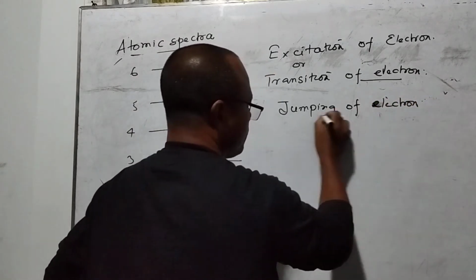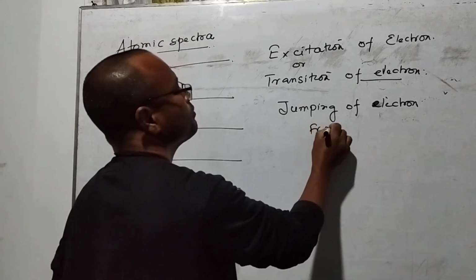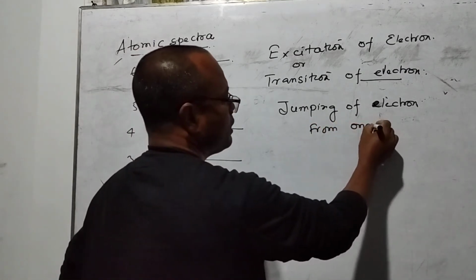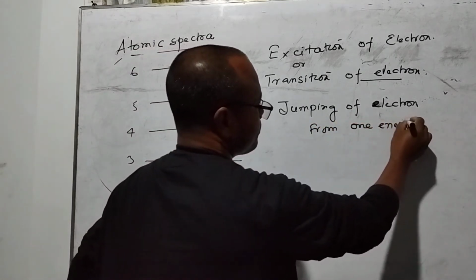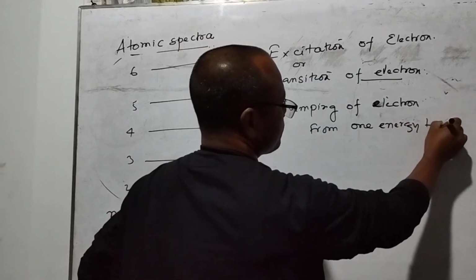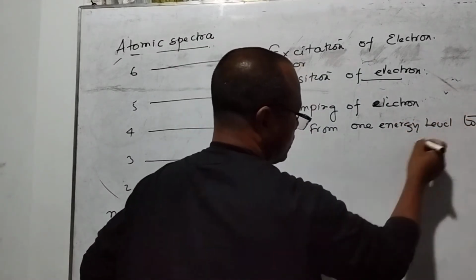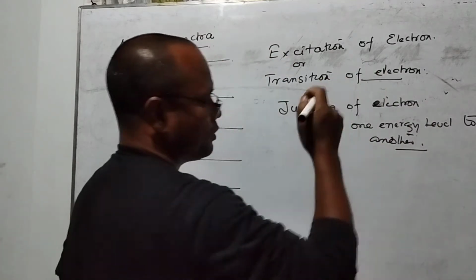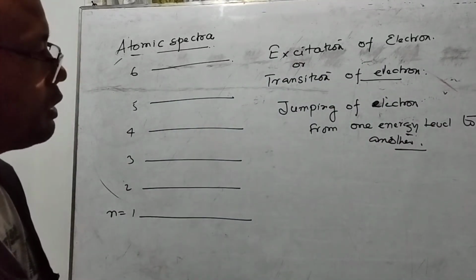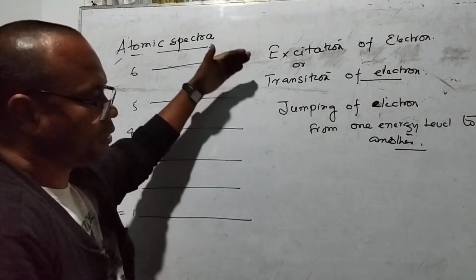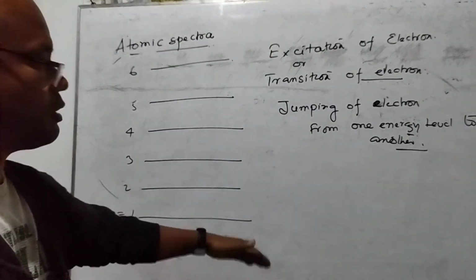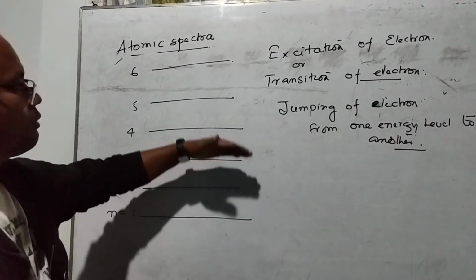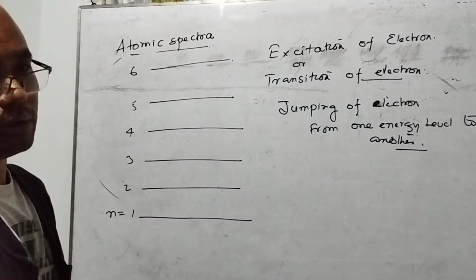So that is jumping of electron from one energy level to another energy level, right? The energy levels may be from the higher energy level to the lower energy level, or from the lower energy level to the higher energy level, right?